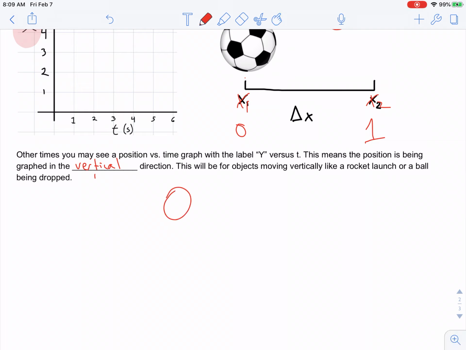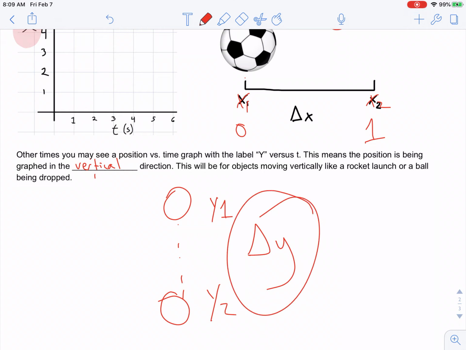So you've got your ball, it's dropping, and this is your y1, and this is your y2, so we have a change in y. That does not mean the y-axis. In this context, this does not mean rise. This means your change in vertical position, okay? Don't be confused, my friends. All will be well.